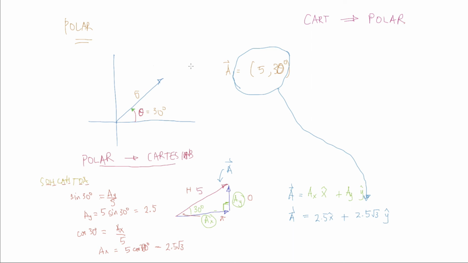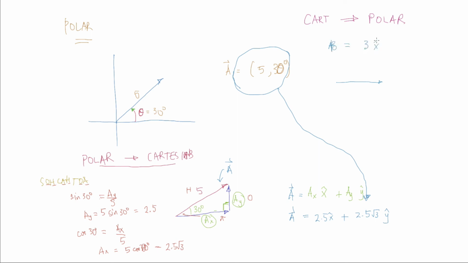Let's stick to the same example here. Let's say I don't know that the polar coordinates are 5 and 30 degrees, but I do know the components. Well, let me pick a simpler example. Let's say I have another vector. Let's call it B this time.